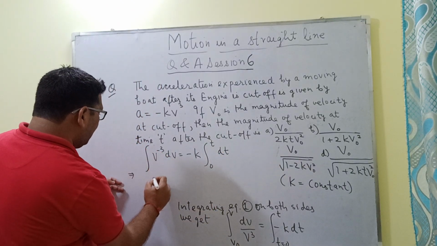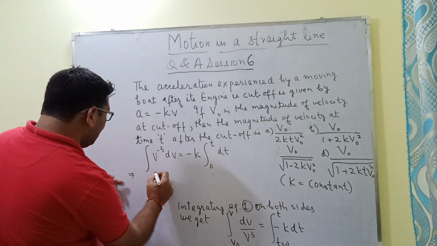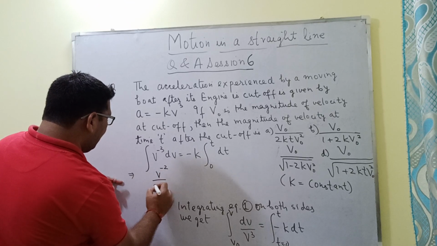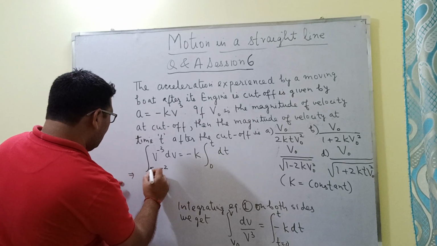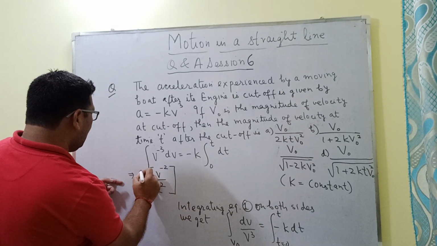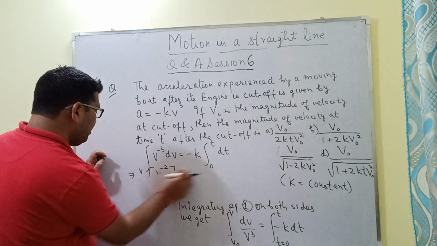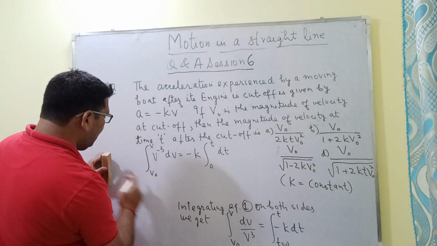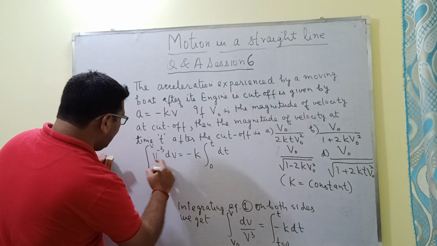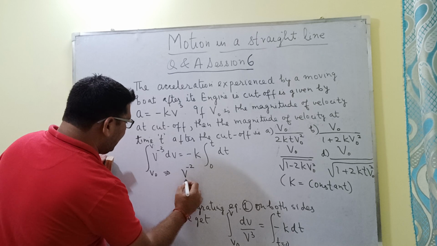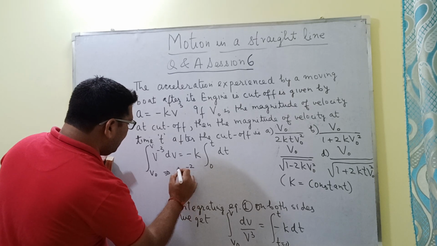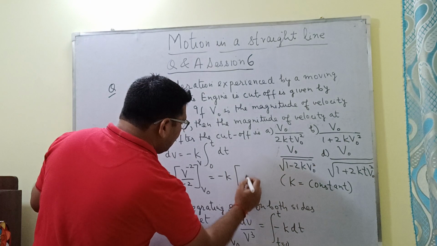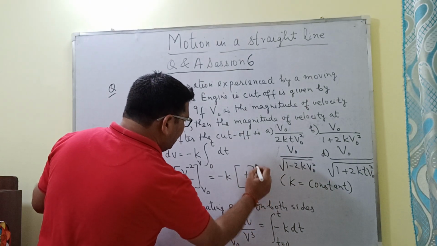So it implies that when we integrate the left hand side of this equation, we get v to the power minus 3 plus 1, that is v to the power minus 2, divided by minus 2, from v naught to v, which is equal to minus k t from 0 to t.